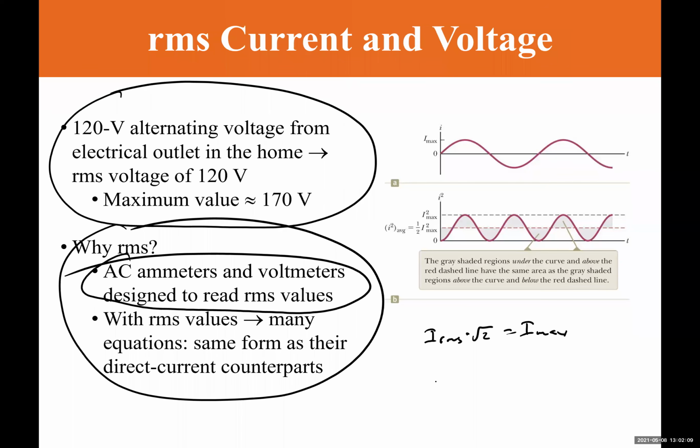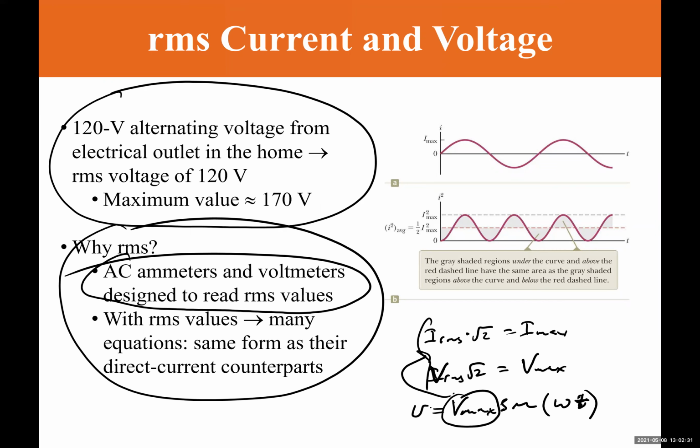If I have the V RMS value times the square root of 2, I can get V max. Then I can solve for V, because now I have V max, then sine of omega t, and I can calculate my V as a function of time. Because a lot of times, how do I find that? Well, we can use the RMS values.